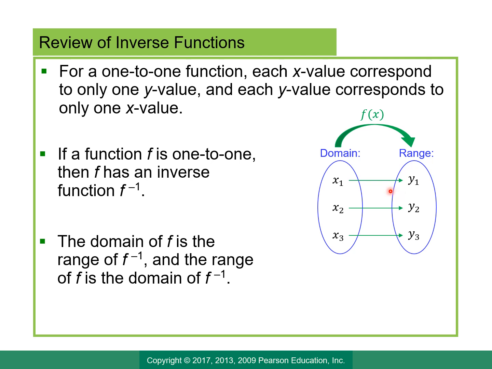And if it has this one-to-one relationship, where one input gives you one output, that's when you can go backwards and do the inverse. So you can start with, let's say, y3, and plug it into your inverse function, and it's going to take you back to x3. And so the domain of the original function becomes the range for the inverse function, and vice versa. The range of the original function becomes the domain of the inverse function. So everything swaps.